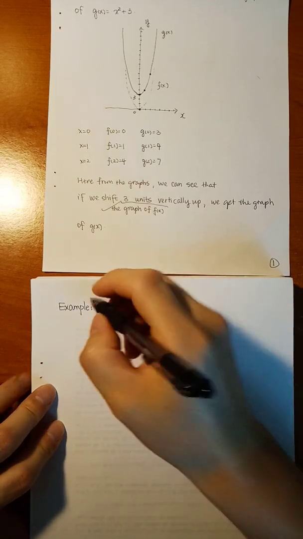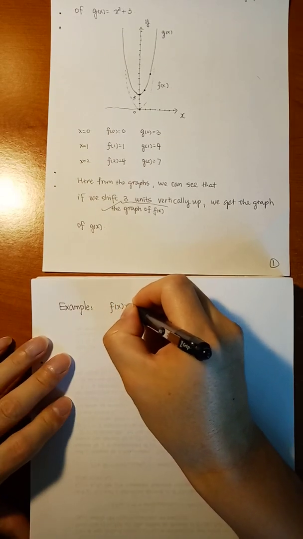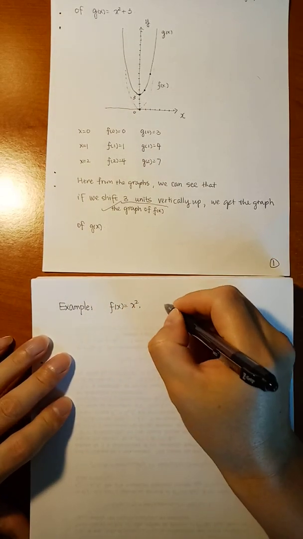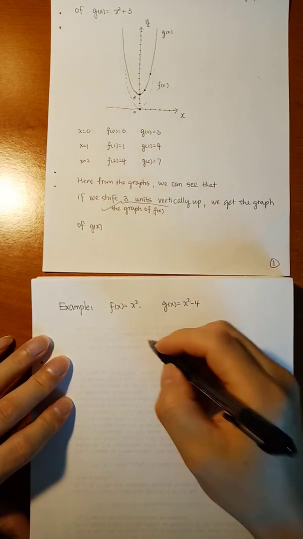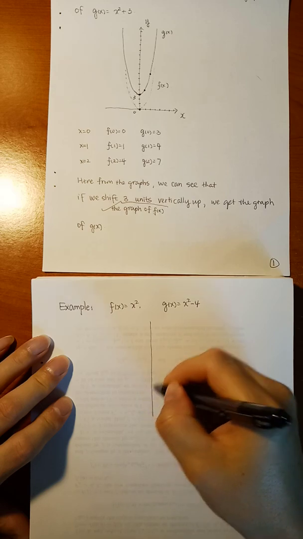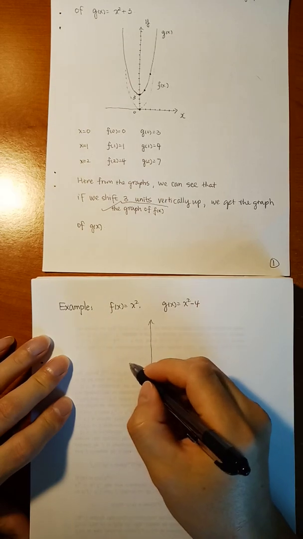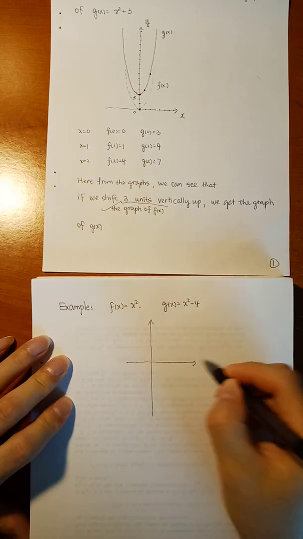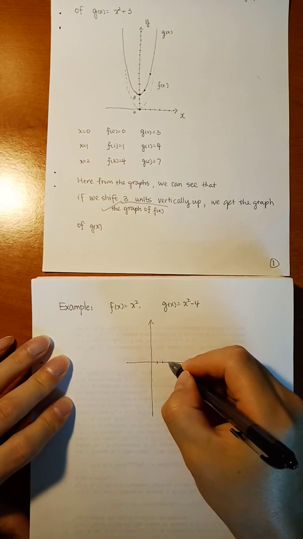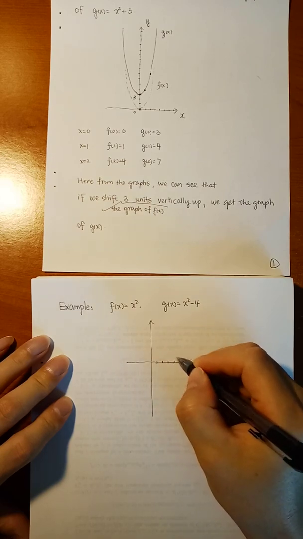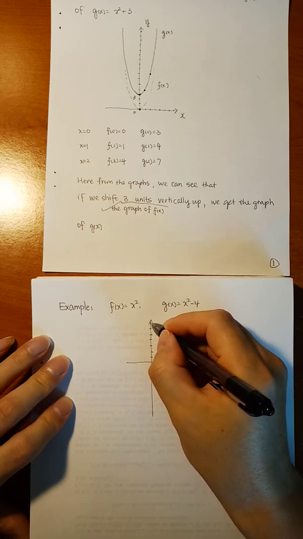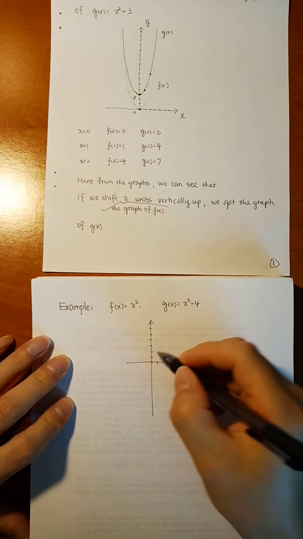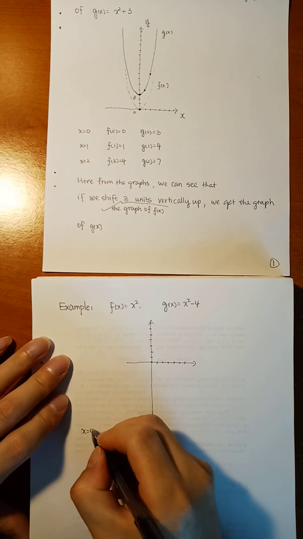And the next example, if you have f(x) x squared, g(x) x squared minus 4, you are asked to do the similar step. 1, 2, 3, 4, 5, 6. 1, 2, 3, 4, 5, 6, 7. And we make the same label.